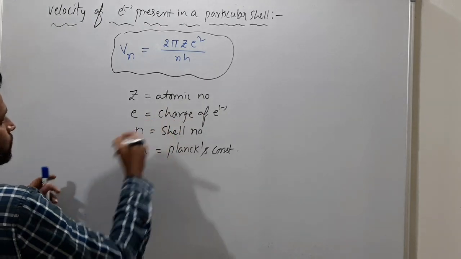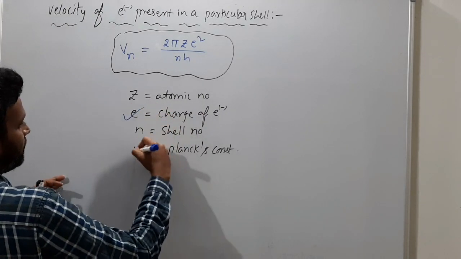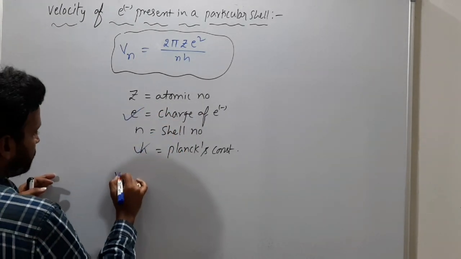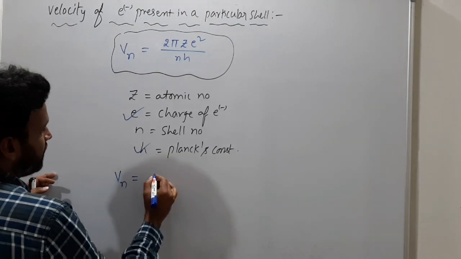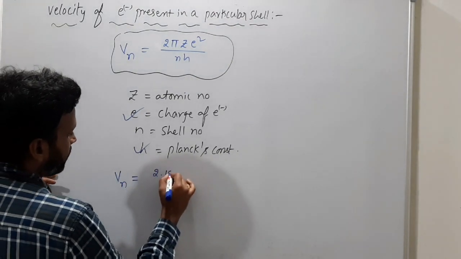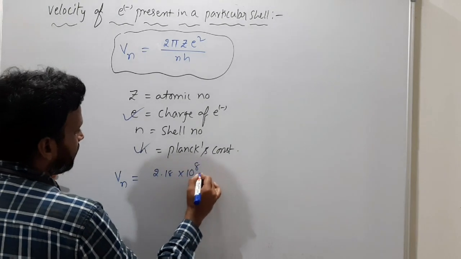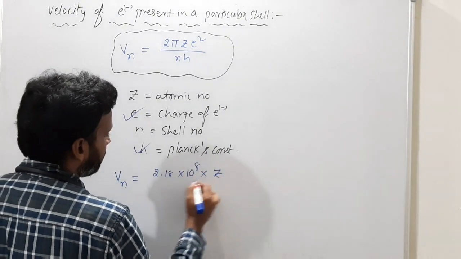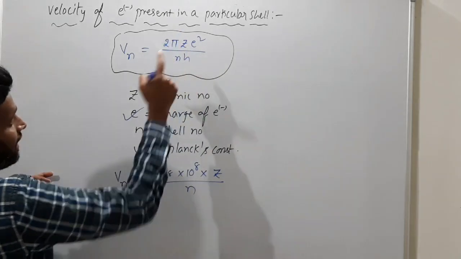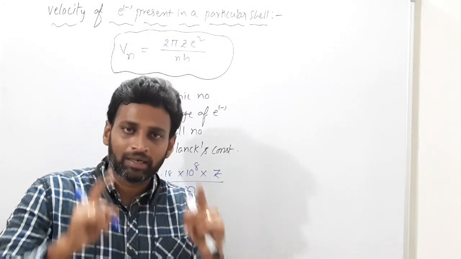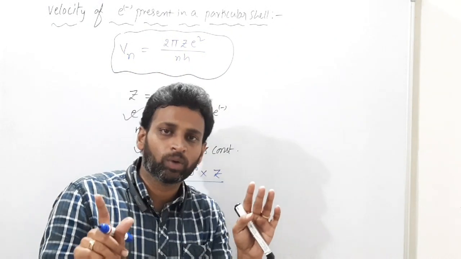If you substitute these values, you will get 2.18 into 10 power 8 into z by n. Z and n depend on the numerical. They will give you; you have no need to worry.